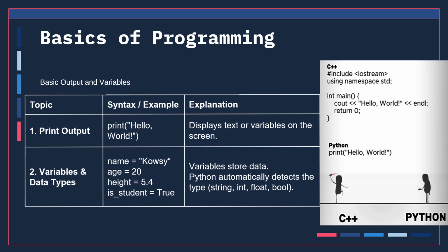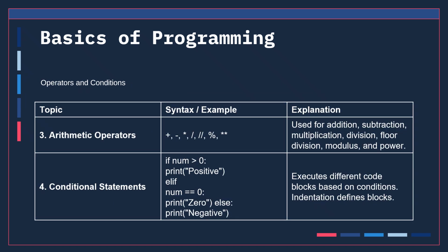The next one is arithmetic operations. Arithmetic operations include addition, subtraction, multiplication, division, and floor division. Floor division is nothing but rounding down your value. If your value comes out like 10.3 or 10.6, it rounds that value down to 10. The next one is the percentage symbol, which means modulus.